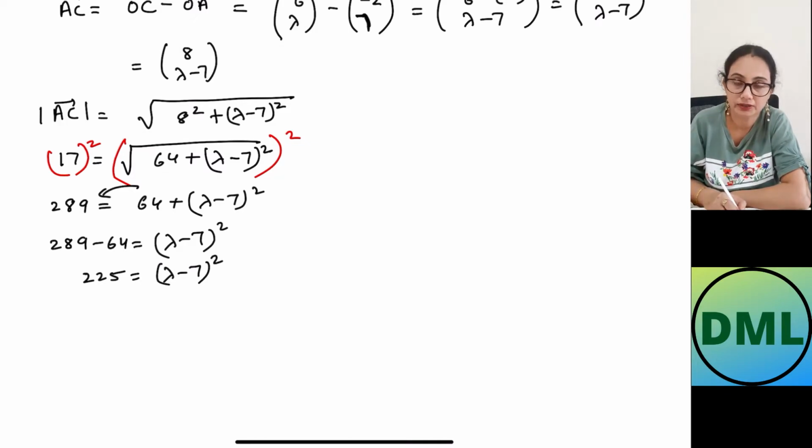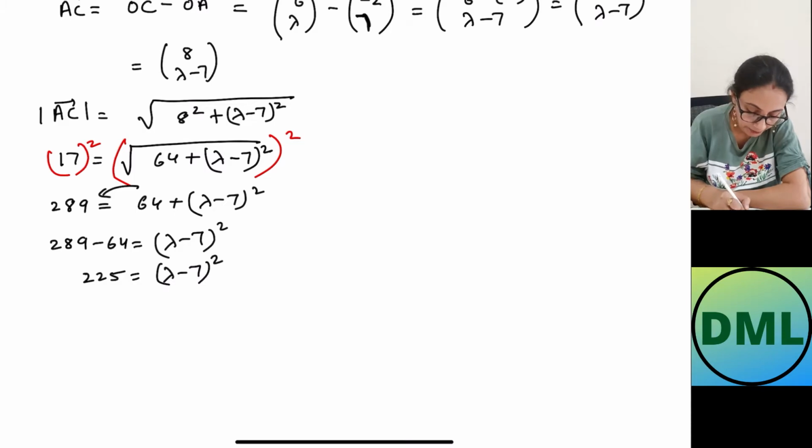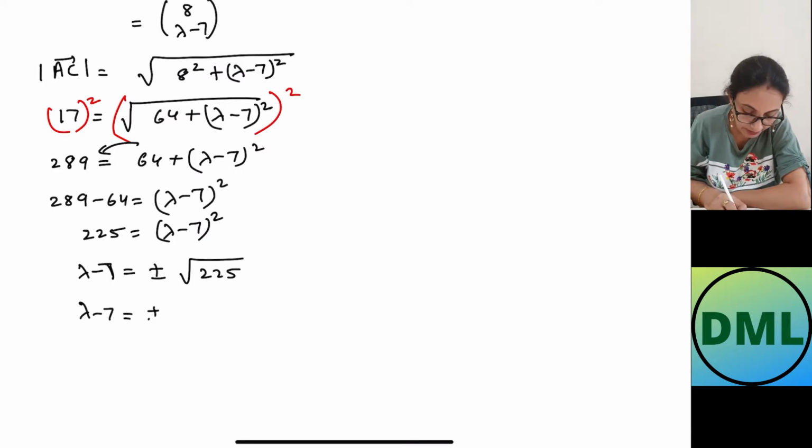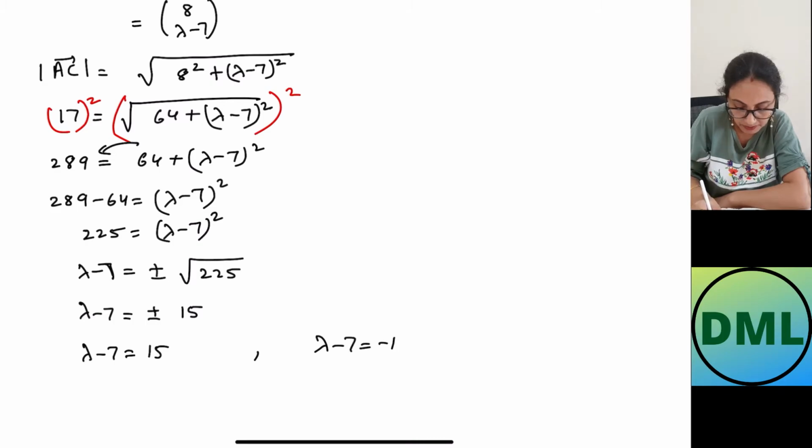Now I have to take the root of 225. So lambda minus 7 is equal to plus minus root of 225. If you take the root of 225, that can be written as lambda minus 7 is equal to plus minus 15. So let's take it separately. Lambda minus 7 is equal to 15. This will be your first answer. Lambda minus 7 is equal to minus 15.